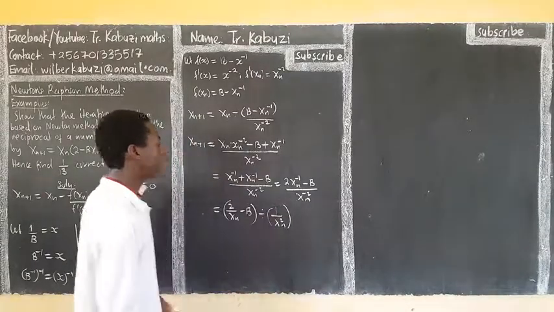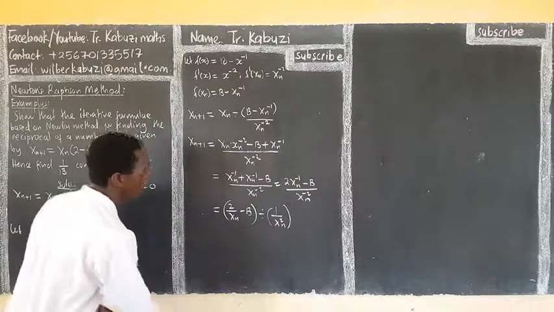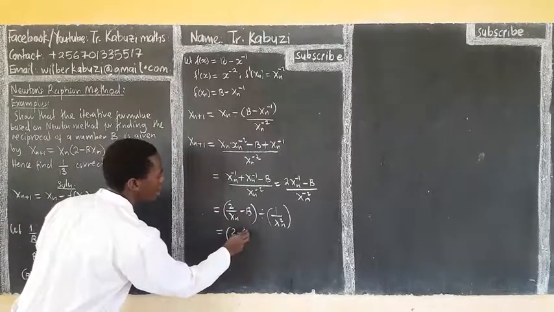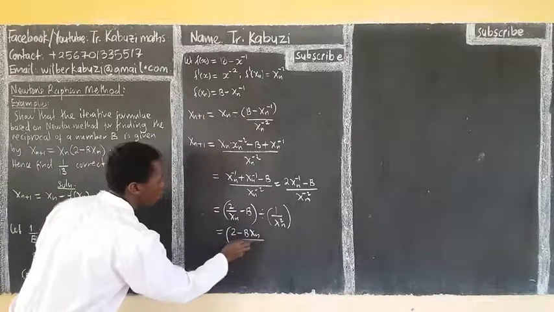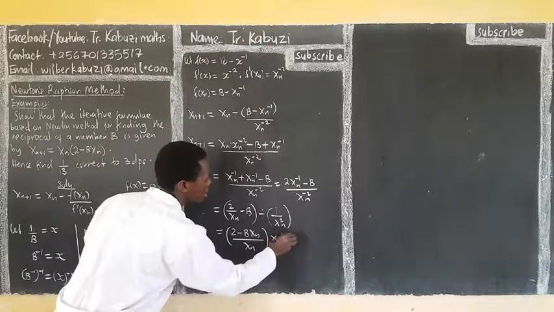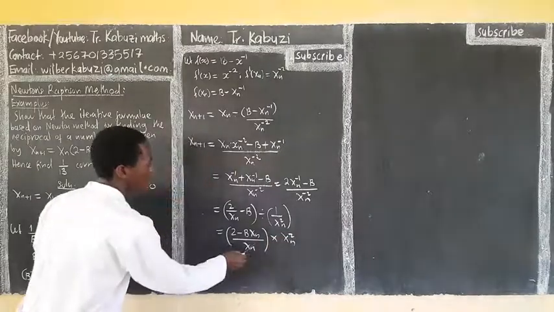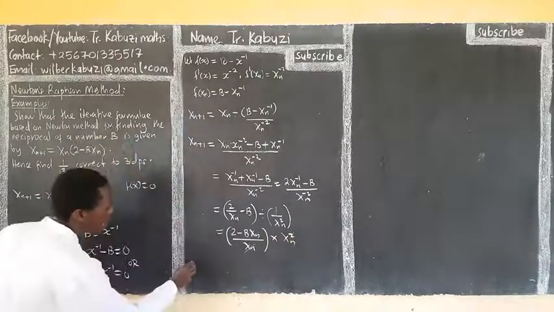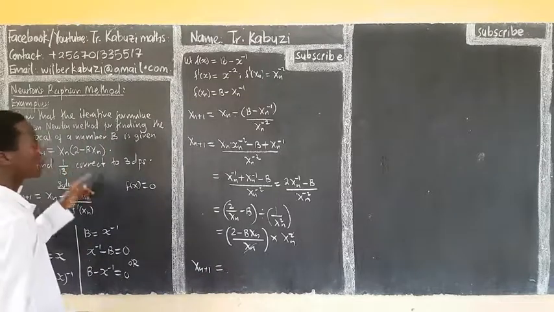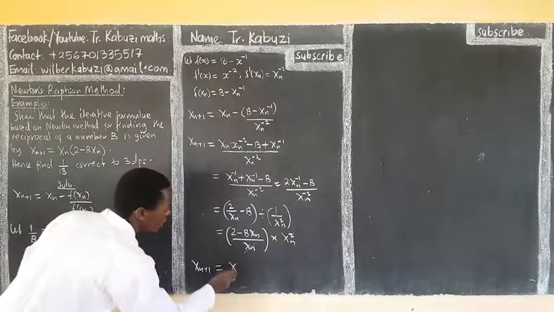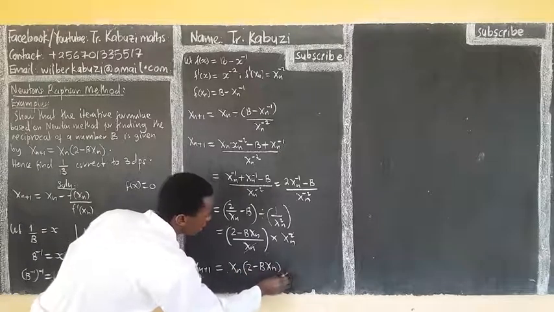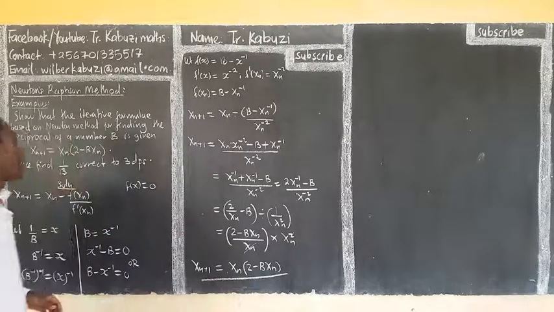If I take this one down, then simplifying there, you get 2 minus b xn over xn, the reciprocal here will be x squared n, and this one goes with that. And so our xn plus 1 will be, we look at our formula, xn into 2 minus b xn, and that will be our formula there.